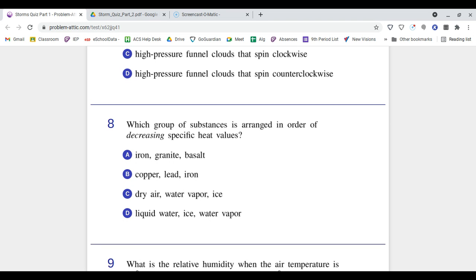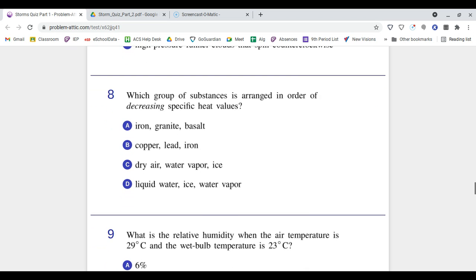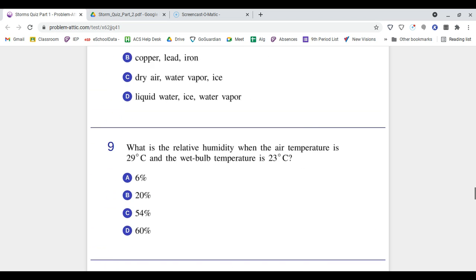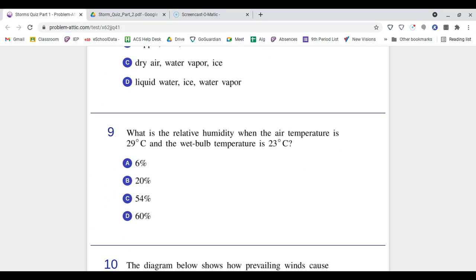A and B. Good. I would get rid of A and B. So now you're down to C and D. They want to know what substance is arranged in order of decreasing specific heat values. So you would look at which one has decreasing heat values, C or D. Are you good, guys? Yeah.